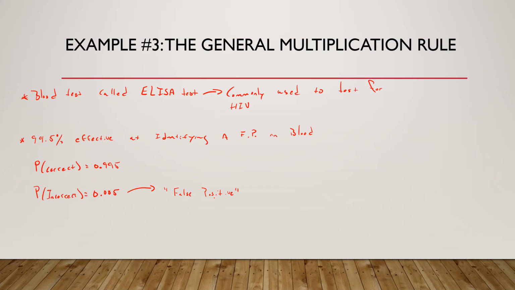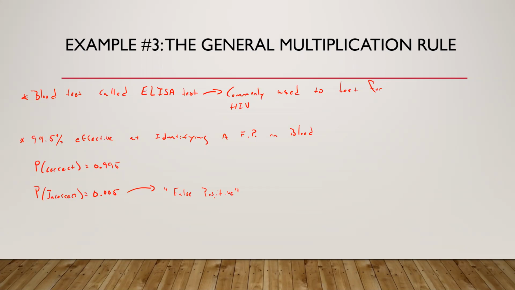A false positive would be somebody takes the test and the test comes back and says the individual has tested positive for HIV, when in reality they do not have HIV. Is that a good or bad result? Bad result. That's a really bad result, right? Very scary, very bad result.